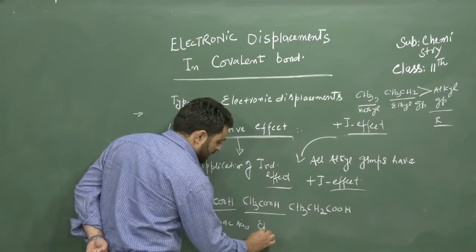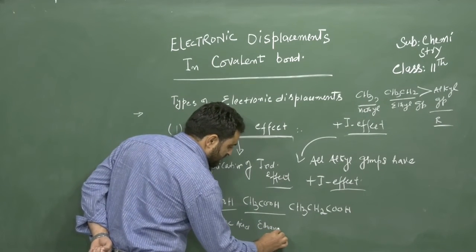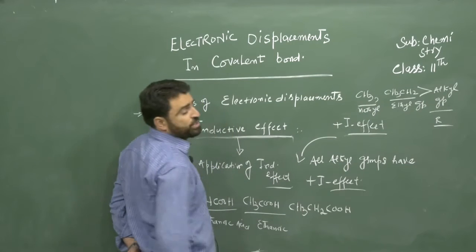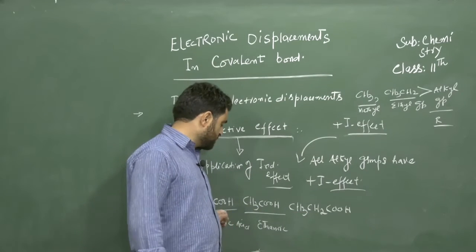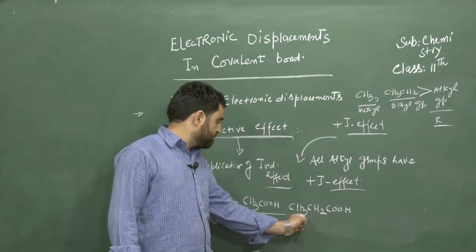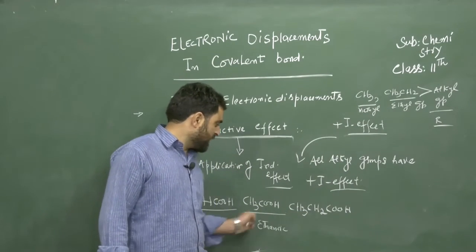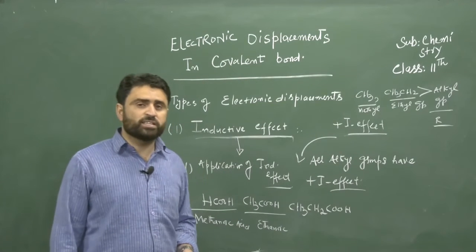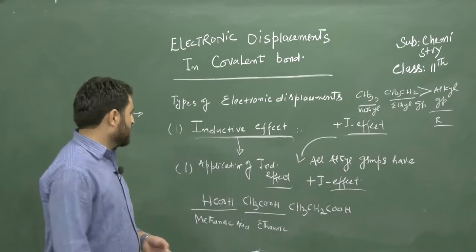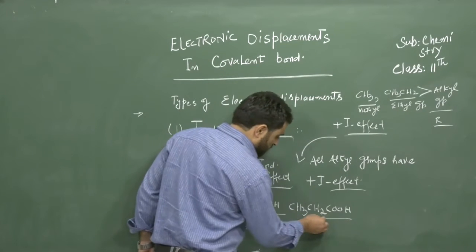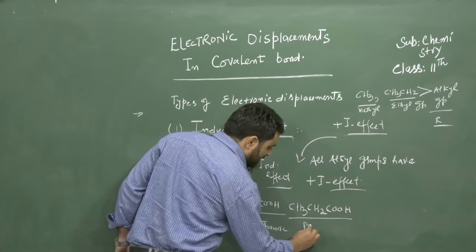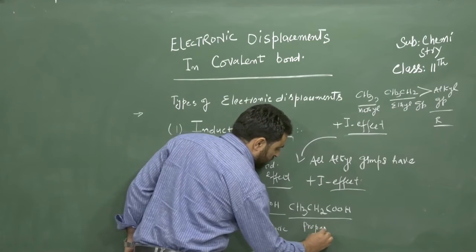But this carbon does not experience as much inductive effect as this. And after that, this carbon experiences the least inductive effect. Why? Because the distance between this carbon and the halogen is higher. So as the distance between halogen and carbon increases, the inductive effect decreases.